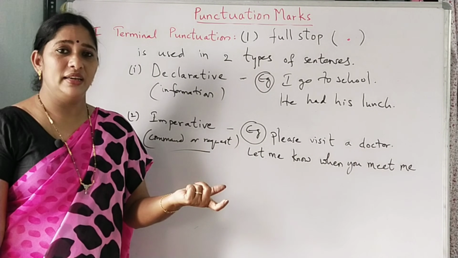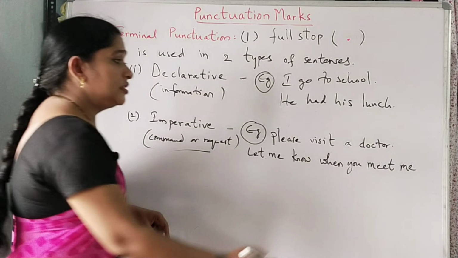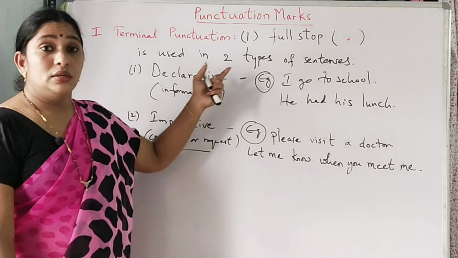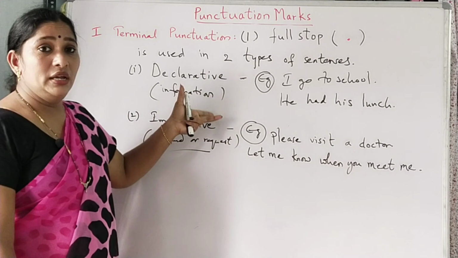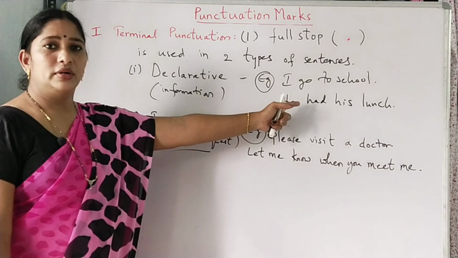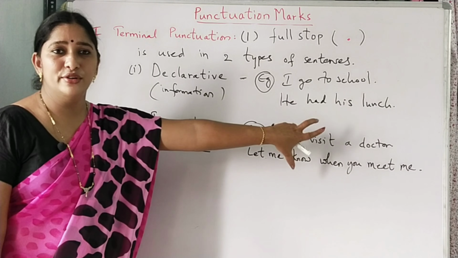And let me know when you meet me. See, let me know. The full stop is used only in the 2 types of sentences, declarative and imperative. Declarative, giving just the information. Imperative, command or the request. At the end we use full stop.